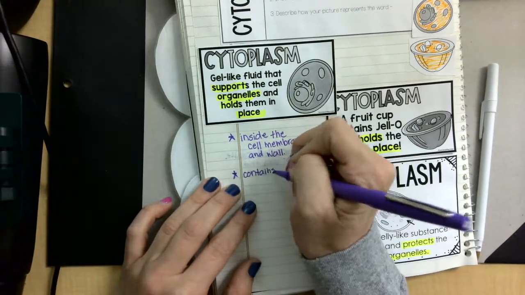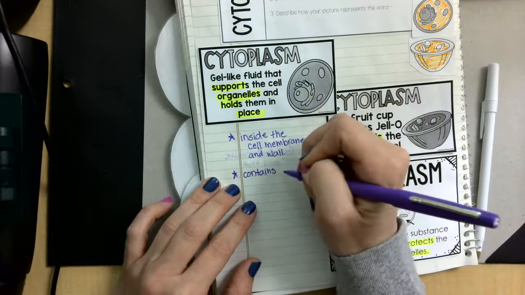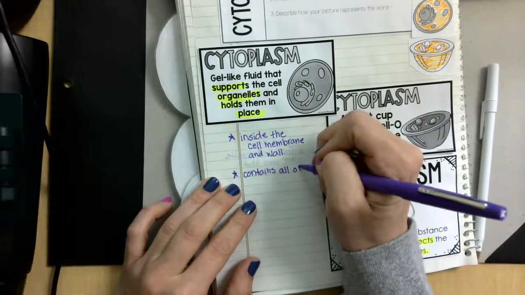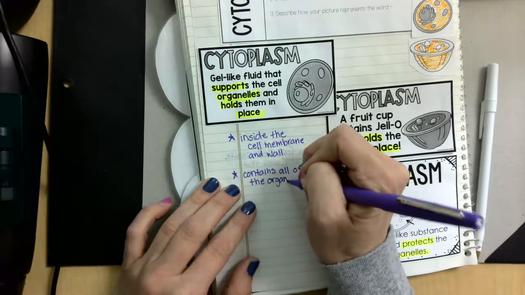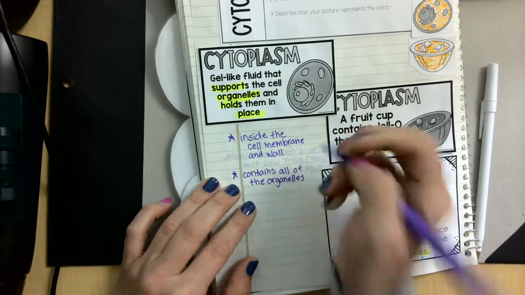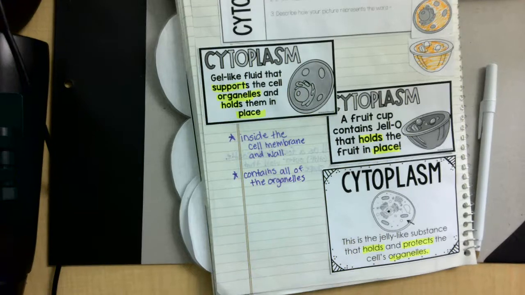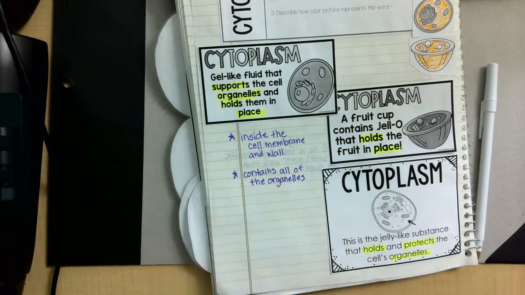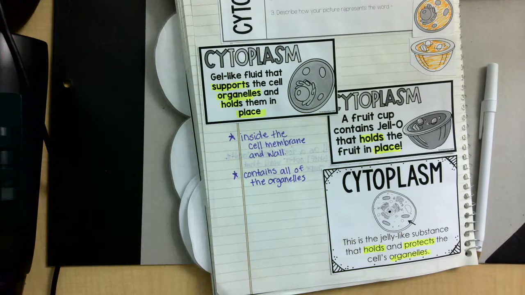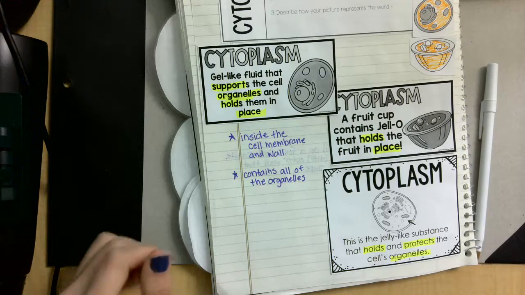It contains all of the organelles. So we sometimes classify a cell membrane and a cell wall as an organelle, but technically they're not, because they don't really have a function other than keeping stuff in. But the cytoplasm holds all the other stuff. It's not really an organelle either. We talk about it with organelles because it's important to their structure, safety, and support. Okay.